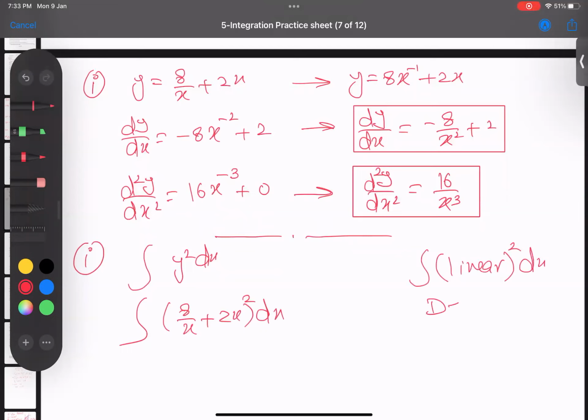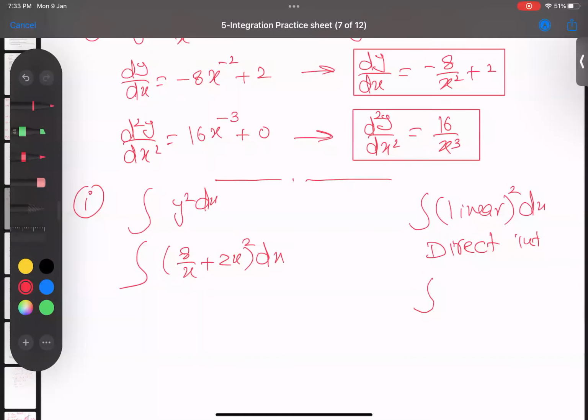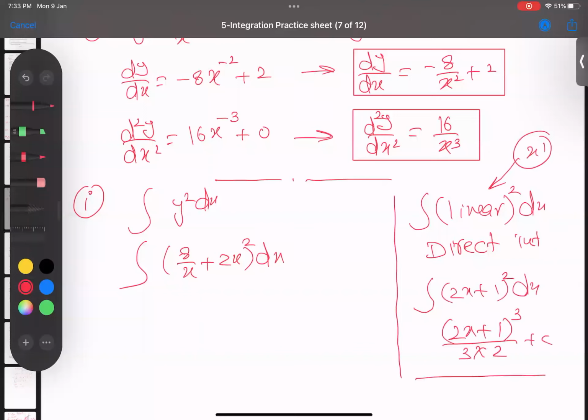For example, we have (2x plus 1) to power 2. Because the power of x is 1, whenever x to the power 1 comes, it's called linear. So this kind of integration is very easy. Increase the power by 1, divide by the same, and divide by 2 because the derivative comes from there. That's it. This is called linear integration.